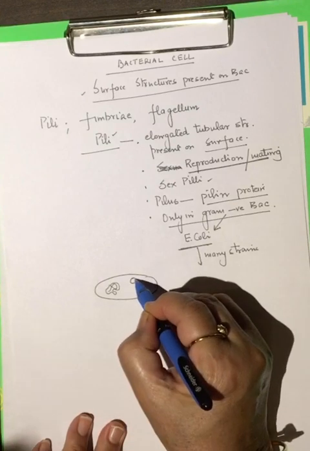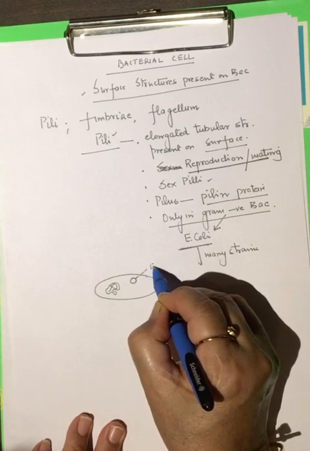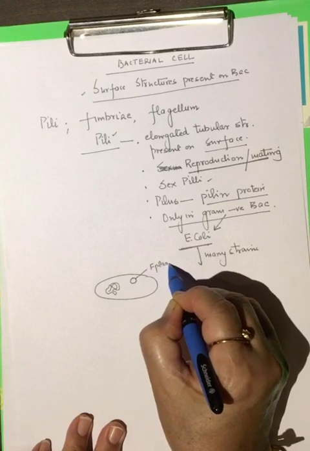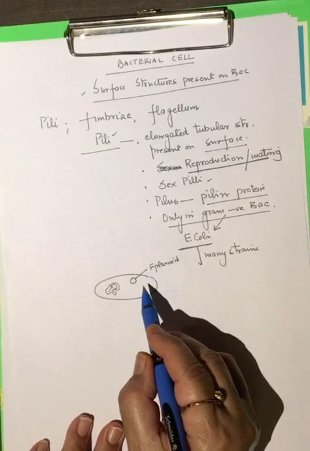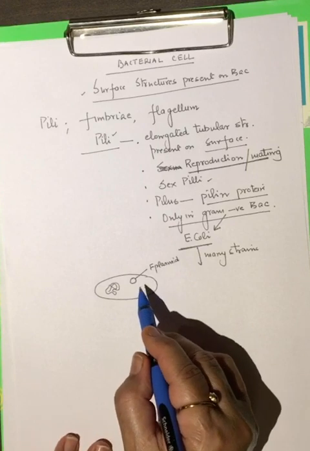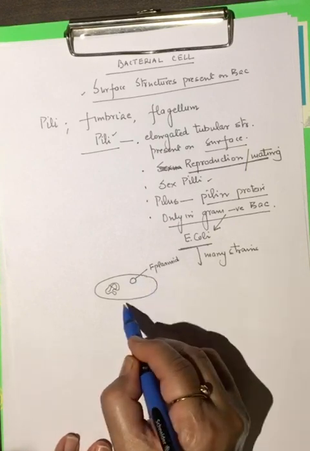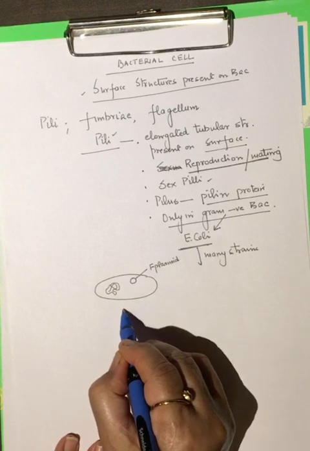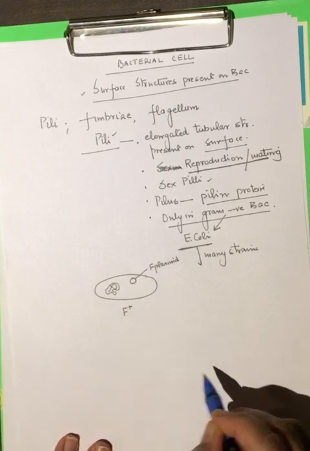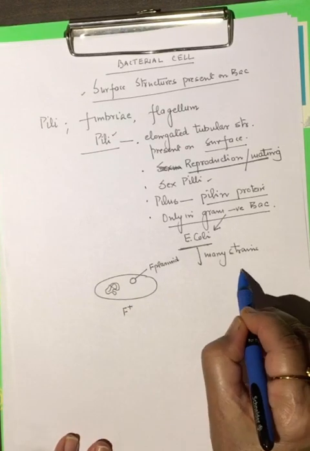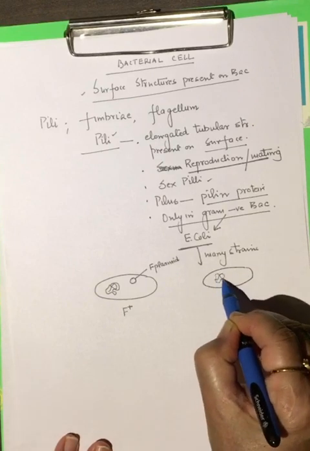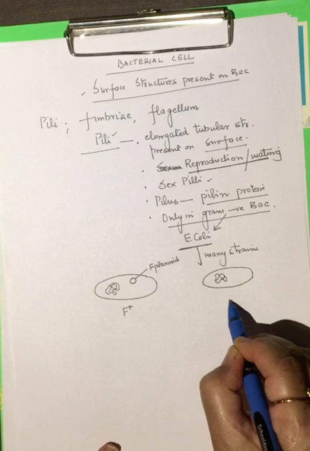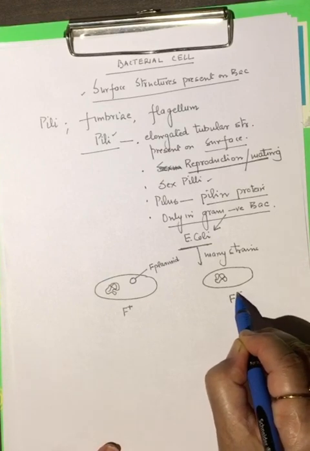The bacteria that have the F plasmid have pili on their surface. Such bacteria are called F plus, and those E. coli which do not have the F plasmid are called F minus.